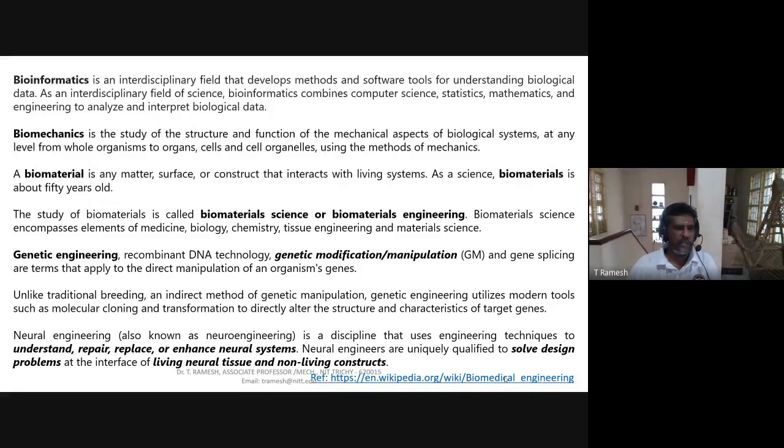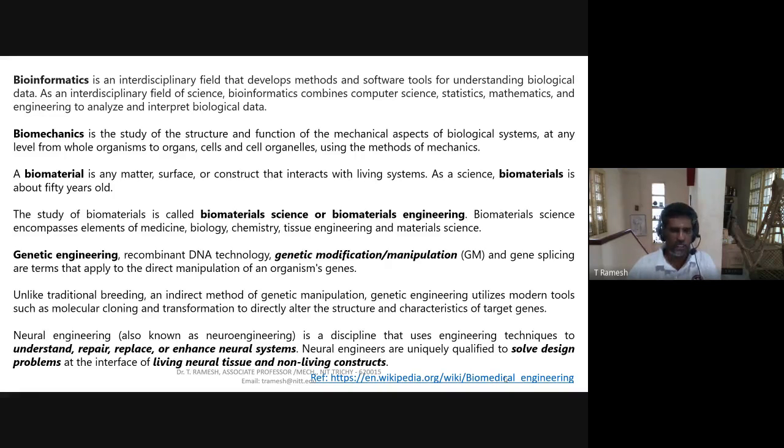Then another important area where the role of mechanical engineers is highly required is genetic engineering. Recombinant DNA technology, genetic modification and manipulation, and gene splicing are terms that apply to the direct manipulation of an organism's genes. So unlike traditional breeding, an indirect method of genetic manipulation, genetic engineering utilizes modern tools such as molecular cloning and transformation to directly alter the structure and characteristics of target genes.